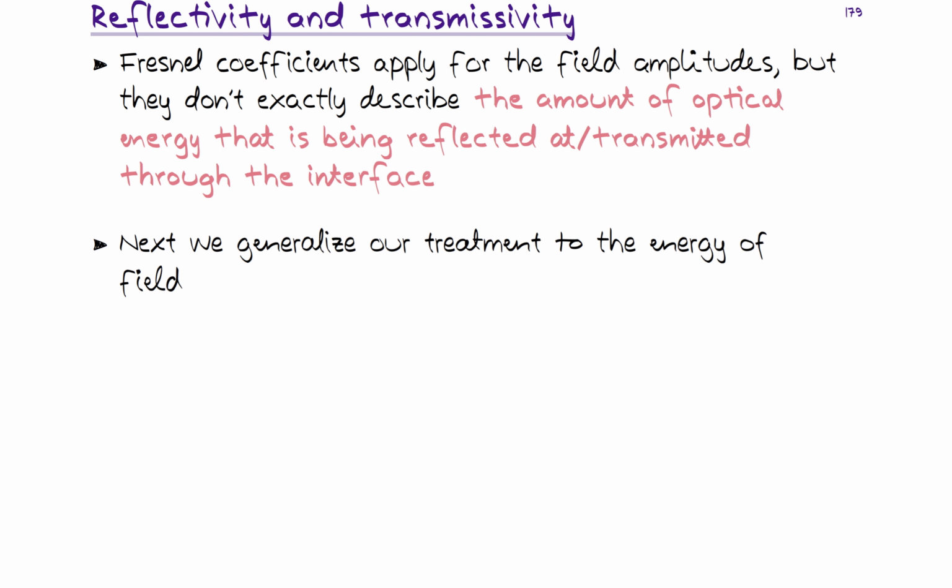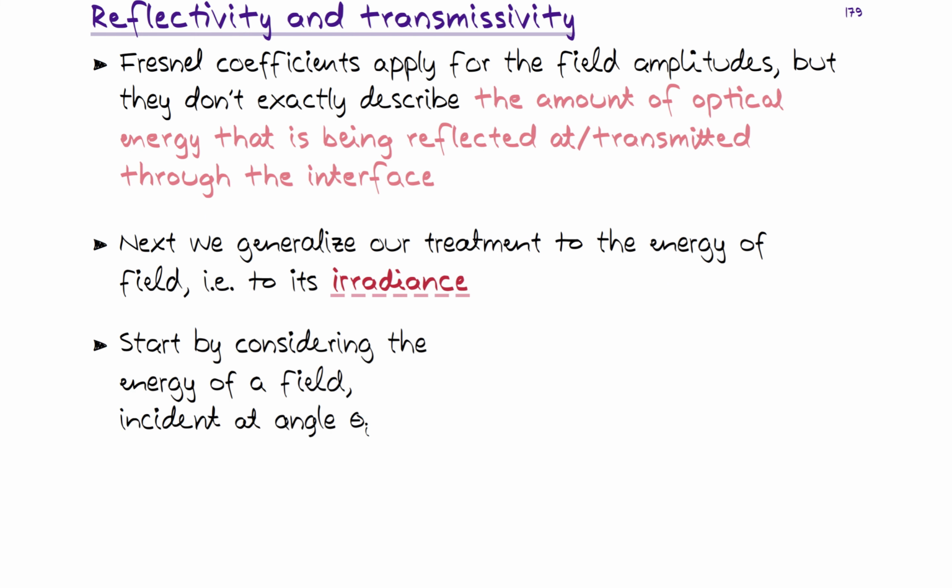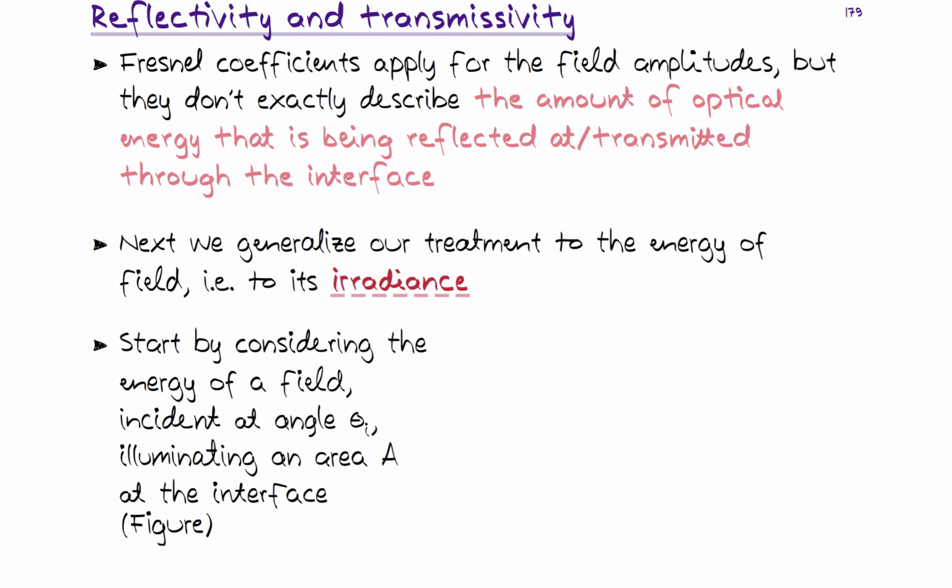Here we do this generalization, and we will introduce a treatment where we can understand how much of the field energy is actually being either reflected or transmitted. The essential concept and parameter to describe things with is the irradiance. I will start as before, but since we need to consider a given amount of energy and not just energy density, I will need to adjust things a little bit.